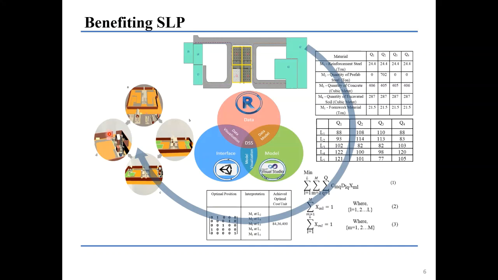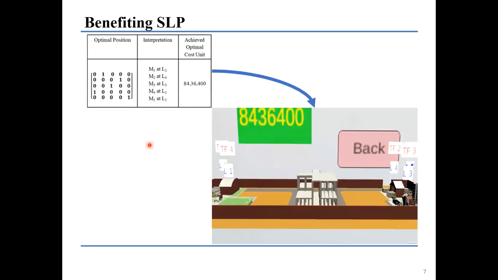And therefore, this one cycle of data generation to understanding and visualizing results is achieved. And to better understand the implications of the achieved result, the interface also provides you the optimal cost which has been achieved for that particular layout.